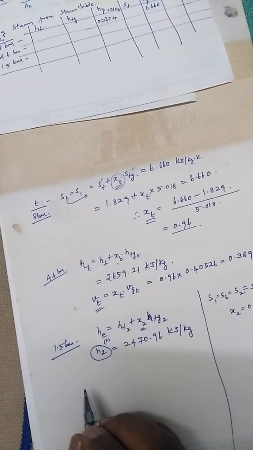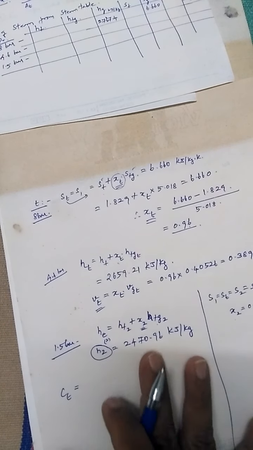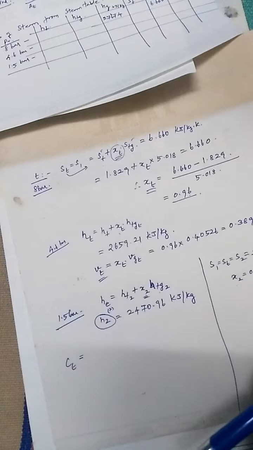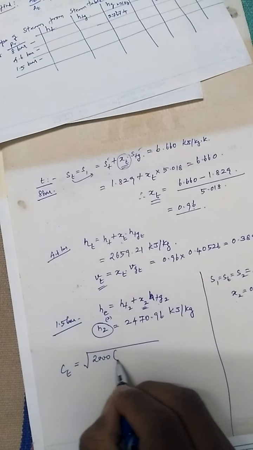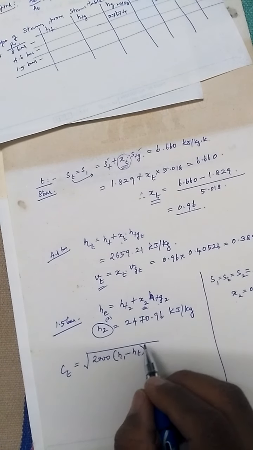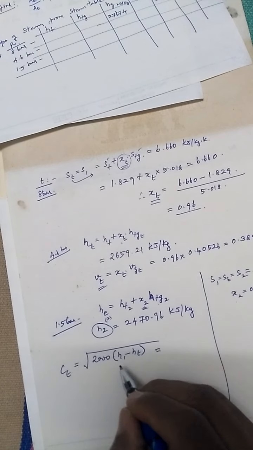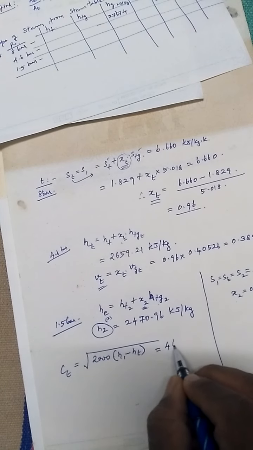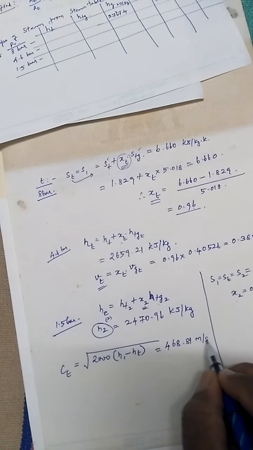So the throat velocity CT can be calculated using the relation, that is square root of 2000 times (h1 minus hT). Putting the hT value and h1 value, it comes to 468.81 meter per second.